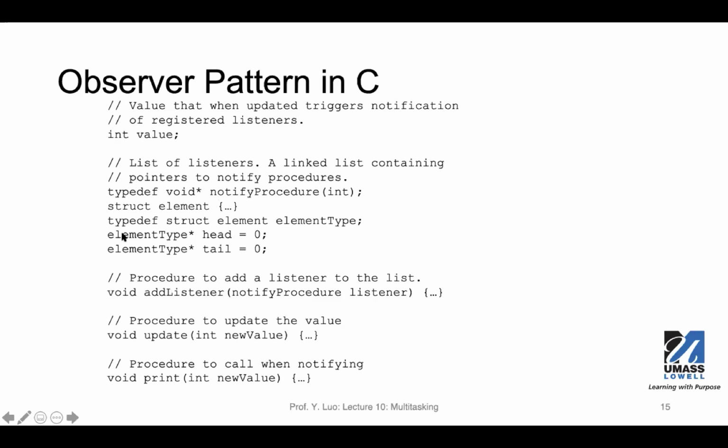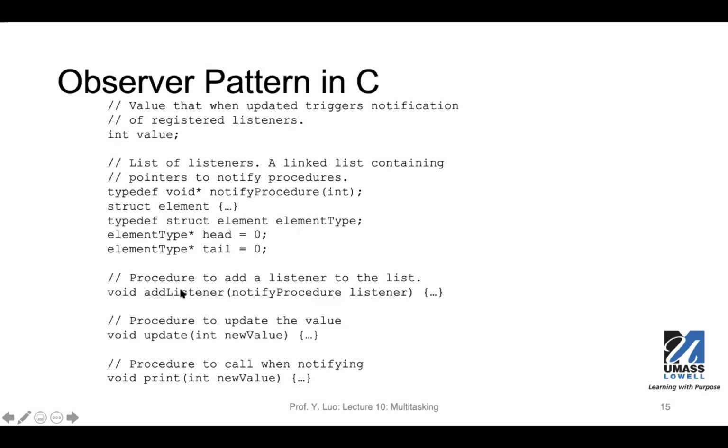And we also declare a struct called element, which will help us to build a list. And we will typedef this structure as element type, and it will declare a head and tail so that we can build this linked list.